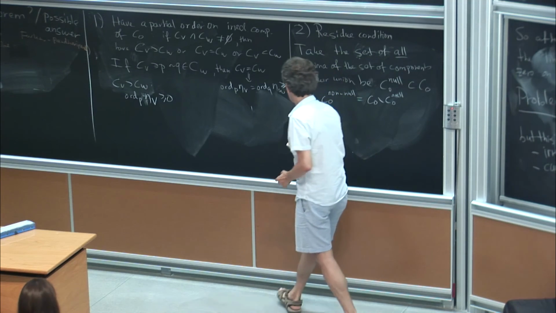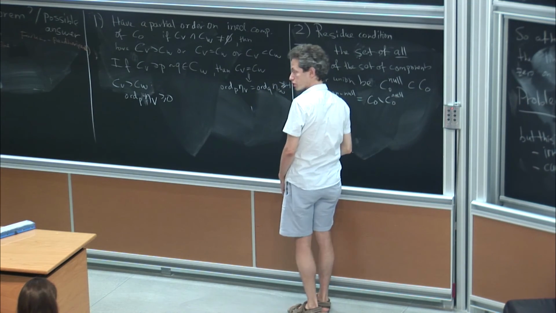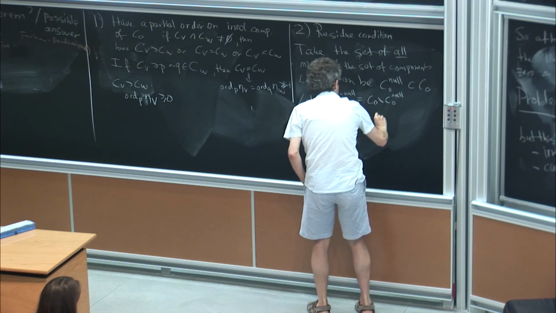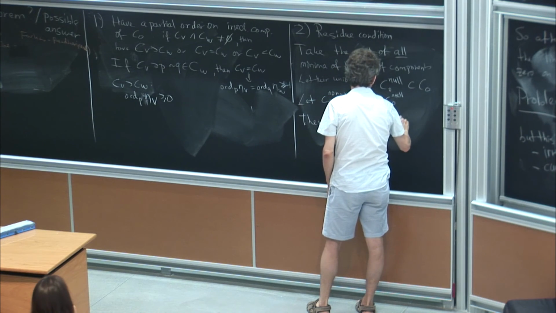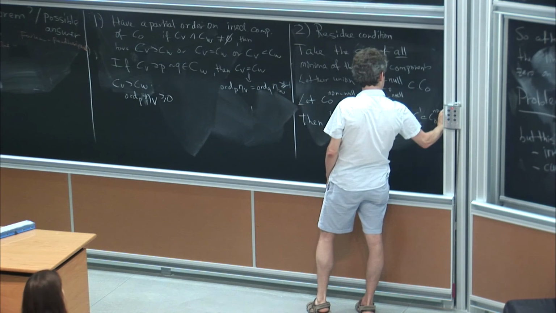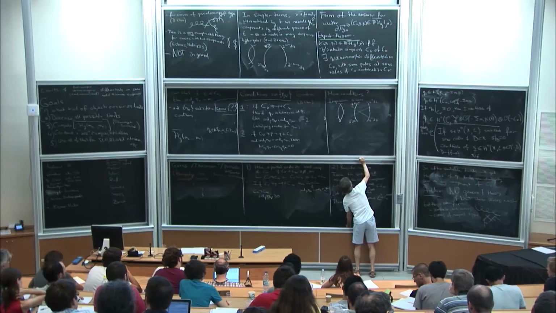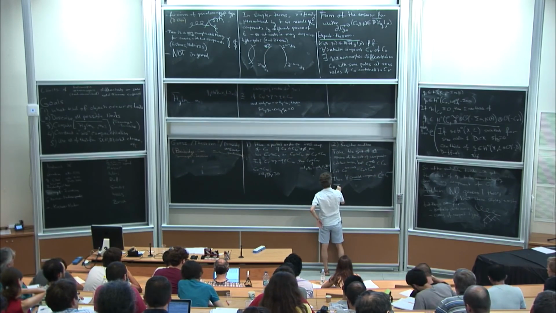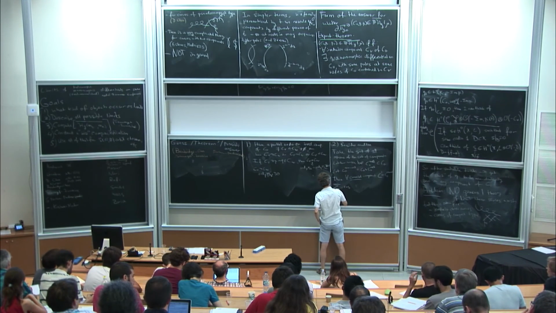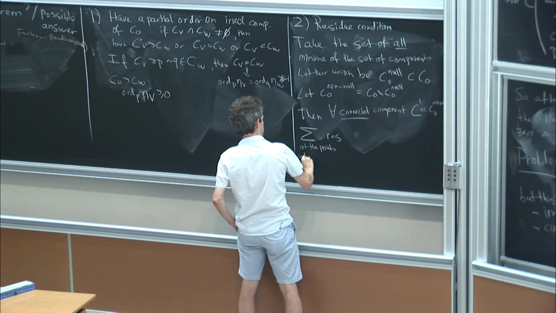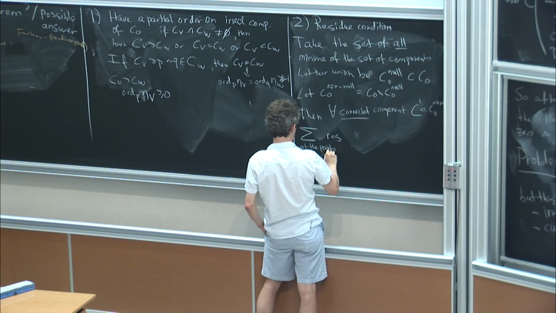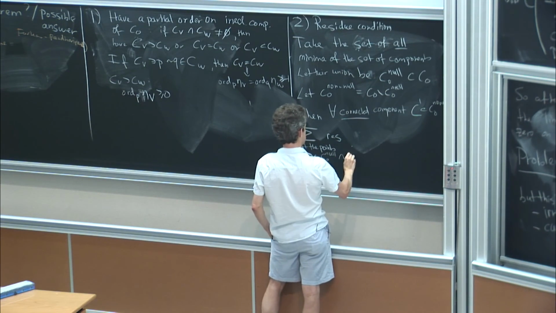Then the residue condition is to say that for any connected component C' of C_non-null, the sum of the residues at the points where C_null intersects this component is 0.